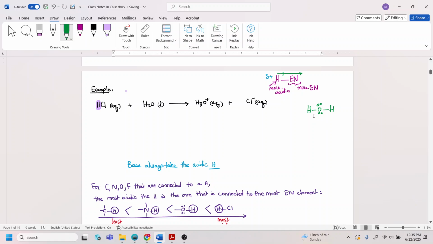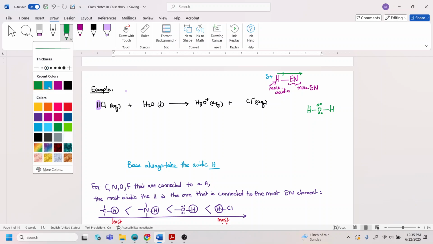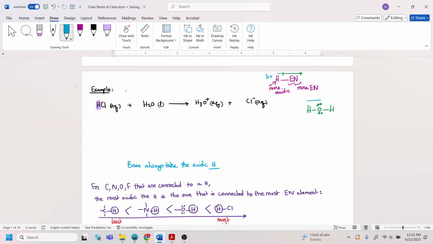Both have a direction of polarization, where oxygen is electronegative, causing the hydrogen of the water to be partial positive. The chlorine is electronegative as well, and this chlorine also causes the hydrogen to be partial positive.